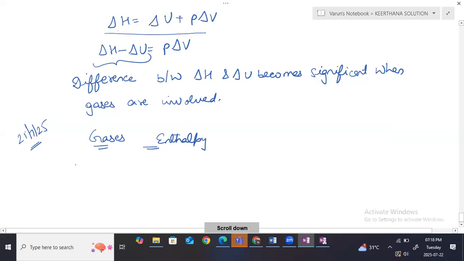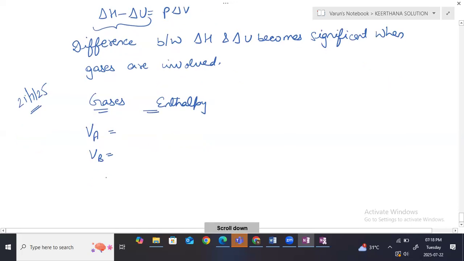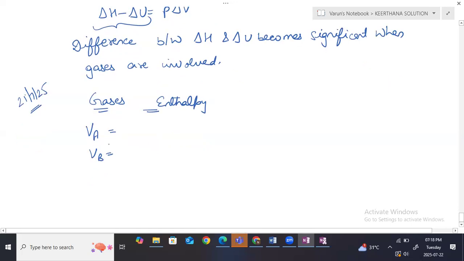If we have a reaction with gases, there will be a volume for the reactants and a volume for the products. If reactants are getting converted into products, some volume will be there for the reactants and some for the products.